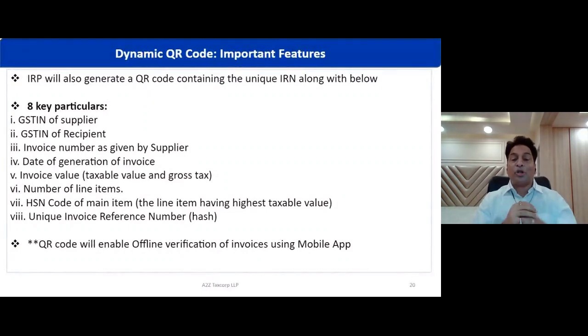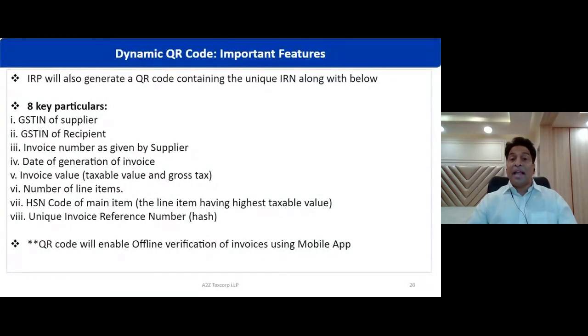GSTIN of supplier and recipient, and the invoice number given by the supplier. A question may come to your mind: can the invoice number be given by the supplier along with the IRN? Yes, it is possible. You can give your invoice number as you want, and it will have a unique IRN as well as a hash, which would come in the QR code. Date of generation of invoice, invoice value, which covers taxable value and gross tax, and number of line items.